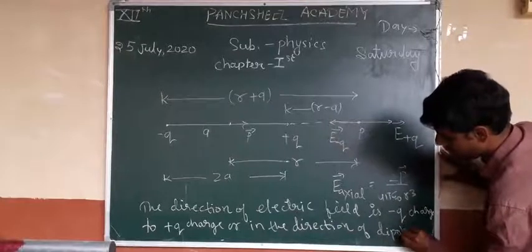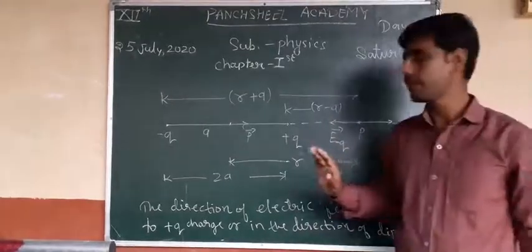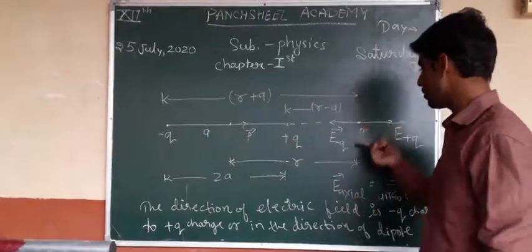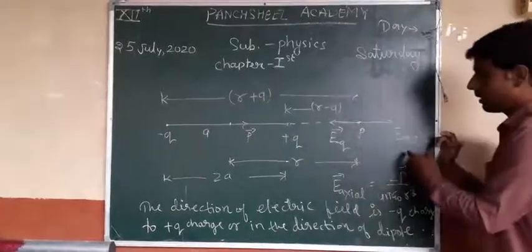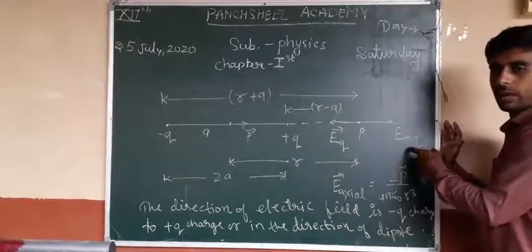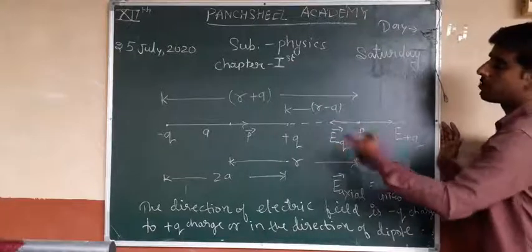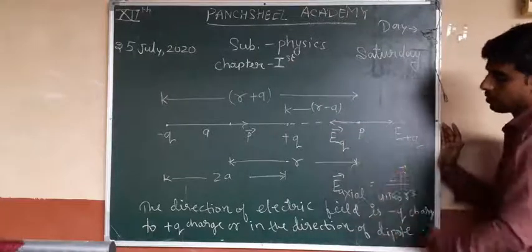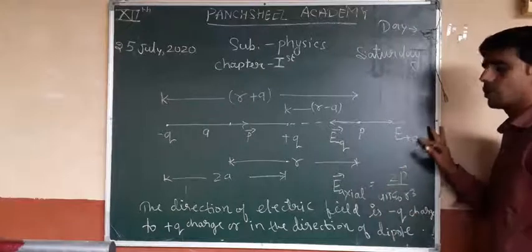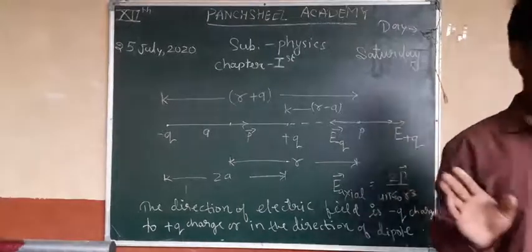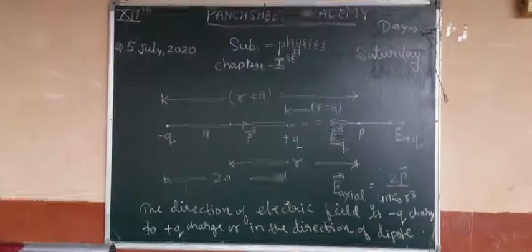Electric dipole is always minus q charge to plus q charge. So the electric field due to dipole at axial position is also minus q to plus q, or in the direction of electric dipole. So correct these things and no need to confuse.